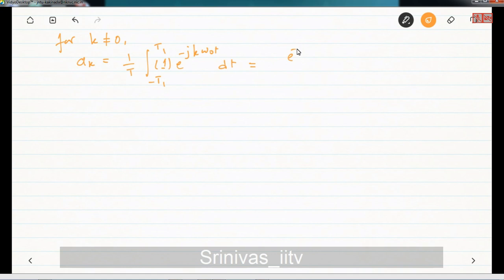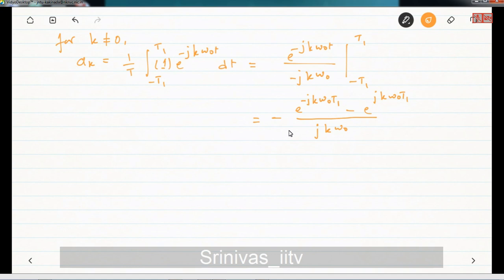So this is simply e power minus j k omega naught t divided by minus j k omega naught, integral from minus t1 to plus t1. So that becomes what? Minus of e power minus j k omega naught t1 minus e power j k omega naught t1, divided by j k omega naught, right?